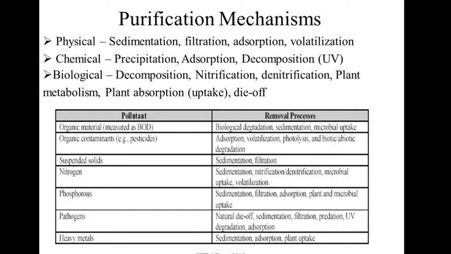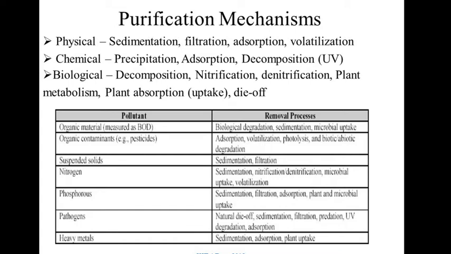Chemical purification mechanisms include precipitation, adsorption, and decomposition. And finally, biological purification includes decomposition, nitrification, denitrification, plant metabolism, and plant absorption. Okay, so these are the various purification mechanisms that occur in this treatment system.